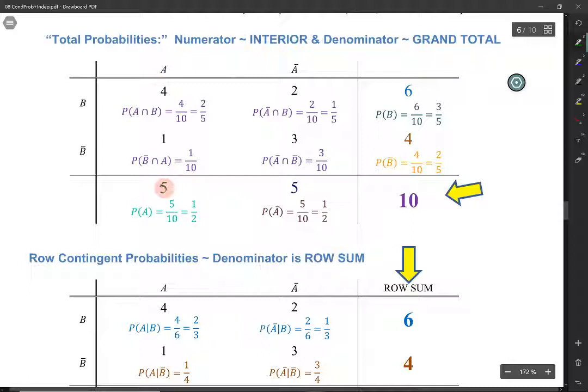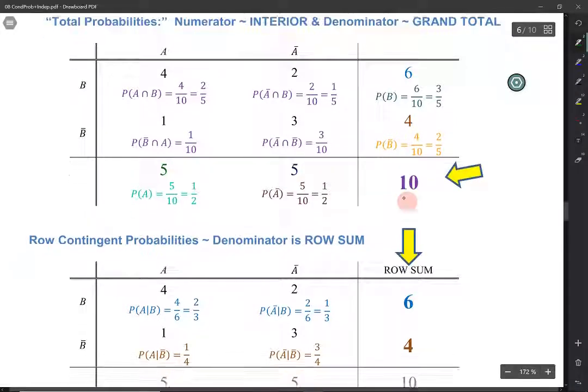So what's the probability of A? What's the probability of B? Right? So if you're asking about total or whole probabilities, the contingency table runs as an entire table, and this is your denominator.